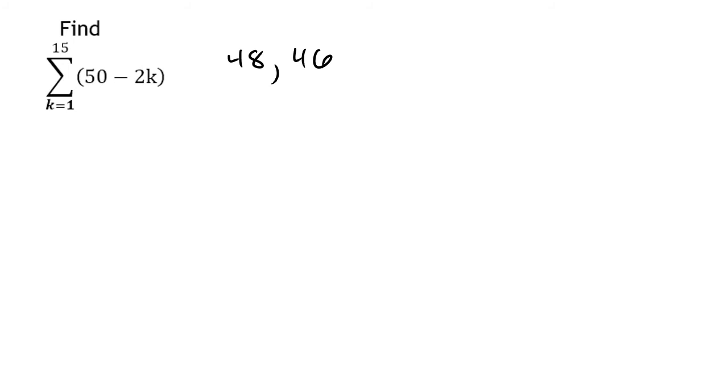And when it's 3, I've got 50 minus 6, which would be 44. So you can see that this is indeed decreasing by 2 each time. So I have a common difference of negative 2. Keep going down by 2.